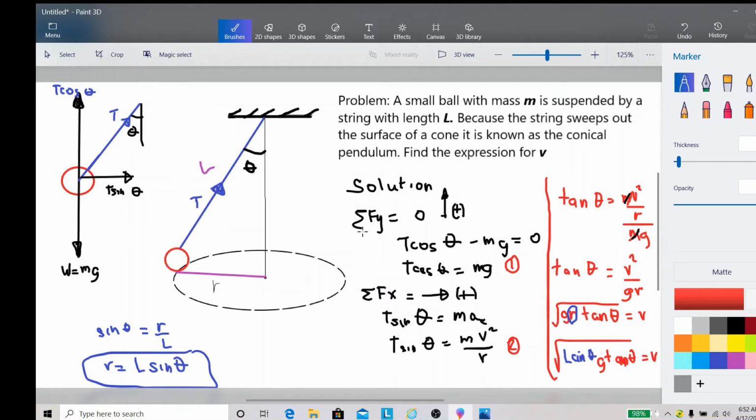Then you apply Newton's second law, or Newton's law of motion, summation of forces y is equal to 0, and you will arrive at two equations. To manipulate that, we use our knowledge in trigonometry and come up with an expression that will lead us to the velocity. Okay, I hope this one will help.